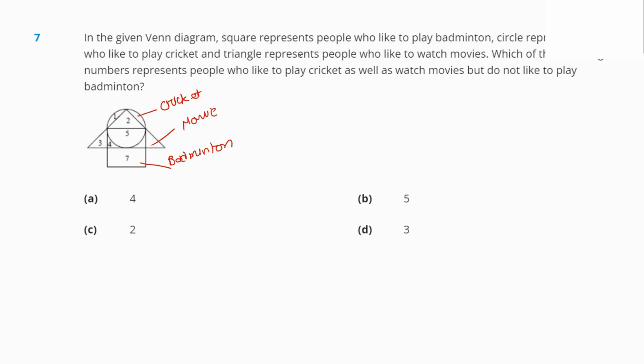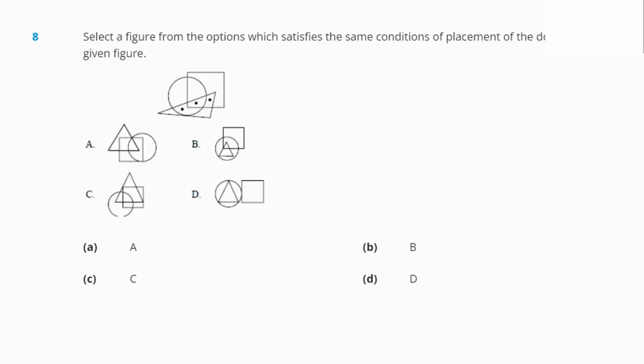So we have to first see cricket and movie. People who like cricket and movie is this part. But not liking badminton, so this part also gets subtracted. So the part that we need is this. So our answer is 2. Answer C is the correct answer.